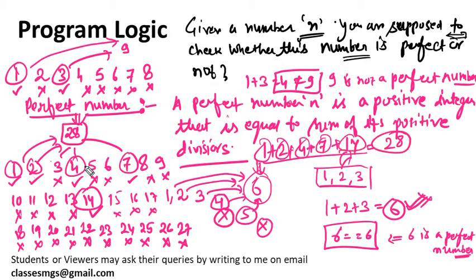So the sum of the perfect divisors of 28 is 28 only. So 28 is a perfect number. This way you need to check whether a number is a perfect number or not.